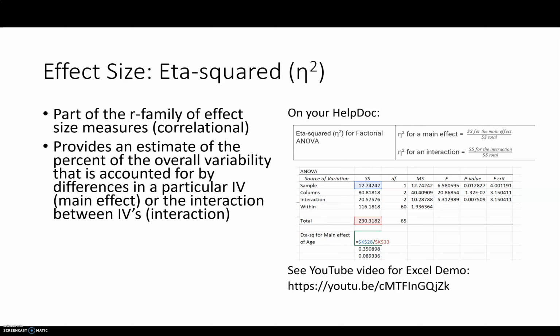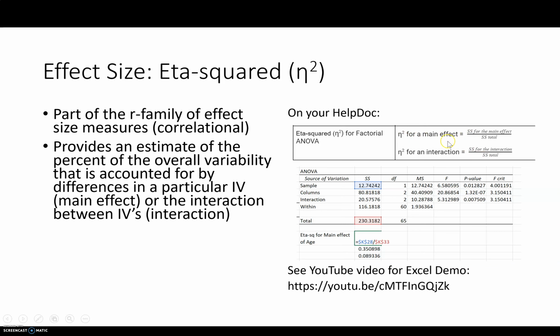So the way this is calculated is quite simple, and I'm showing what this looks like in Excel. There's a YouTube video linked here that walks you through the process of doing it in Excel.